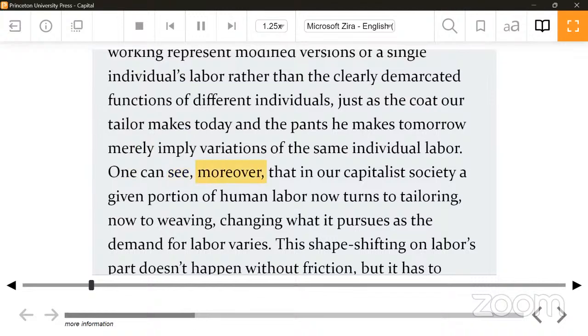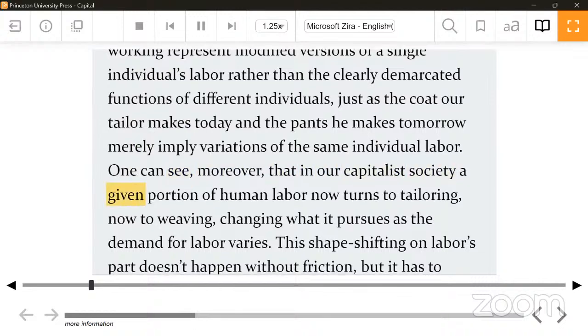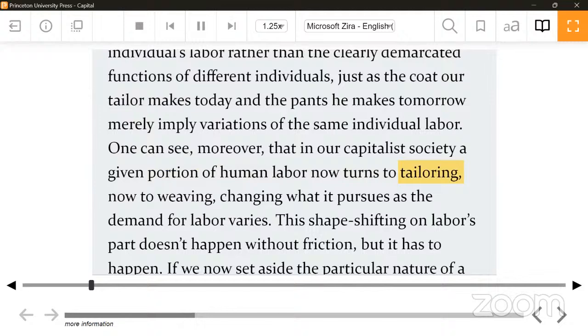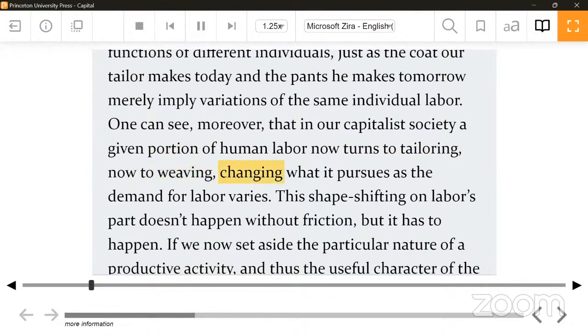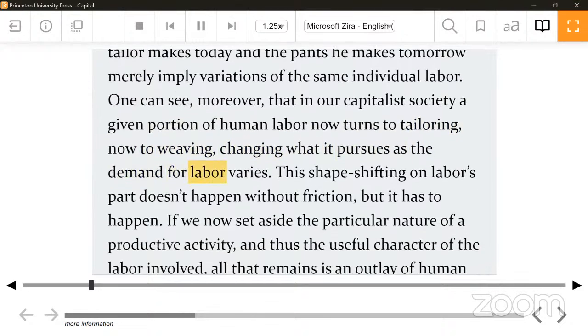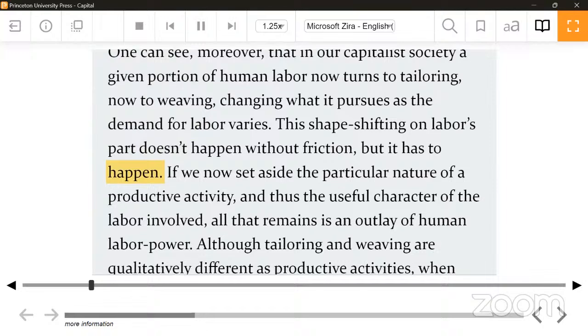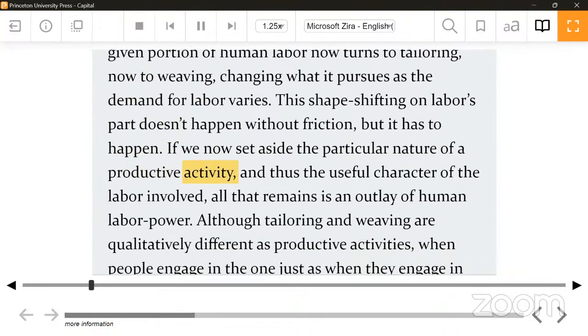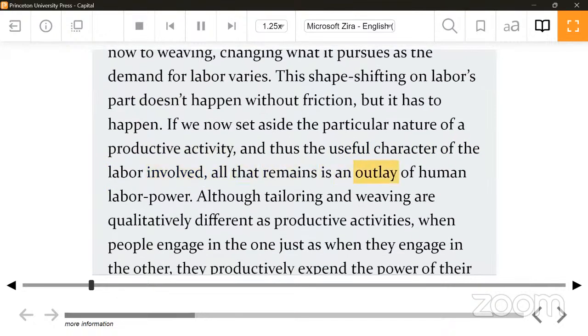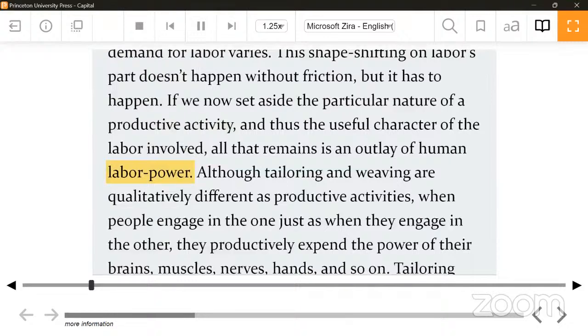One can see, moreover, that in our capitalist society a given portion of human labor now turns to tailoring, now to weaving, changing what it pursues as the demand for labor varies. This shapeshifting on labor's part doesn't happen without friction, but it has to happen. If we now set aside the particular nature of a productive activity, and thus the useful character of the labor involved, all that remains is an outlay of human labor power.